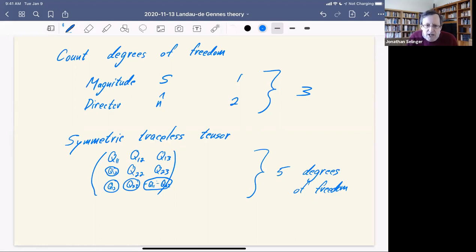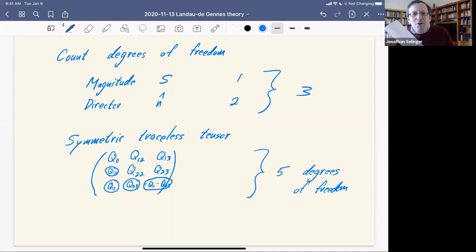That is because the Q tensor can also describe biaxial nematic order. Biaxial order means describing objects that are not shaped like an American football, that have a circular cross section. They describe objects that are shaped like a box.